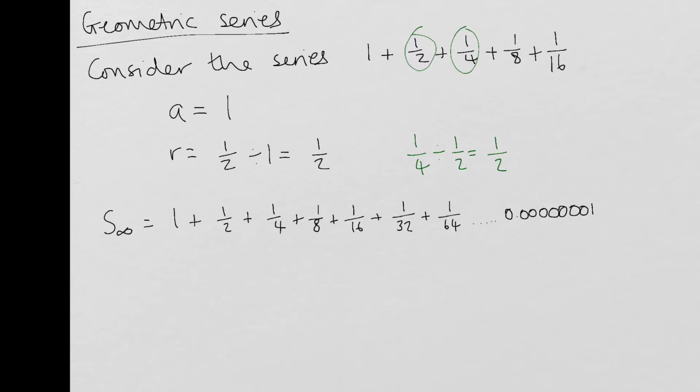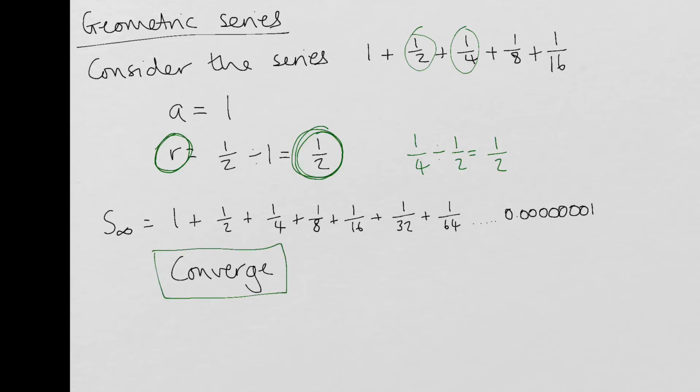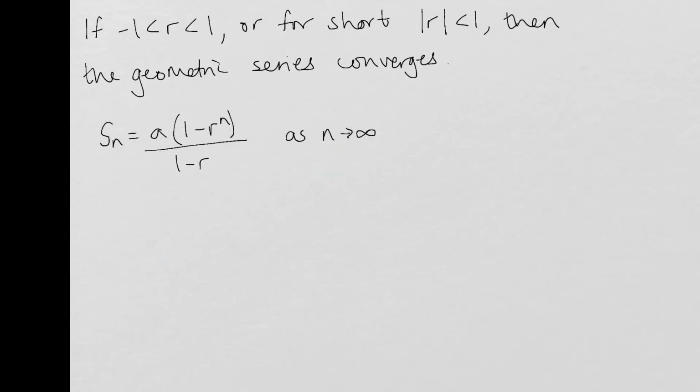It's going to, what we say, converge. It will hit a very specific sum, and the reason for that is because of this value of r. Because the common ratio is a value between 1 and negative 1, that generates a convergent series. I'm going to look at that in a little bit more detail next.